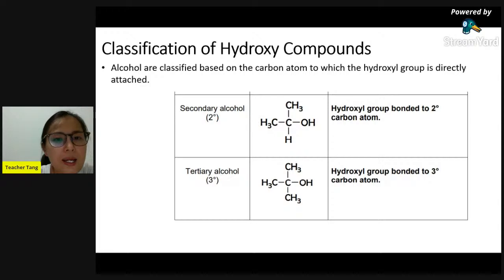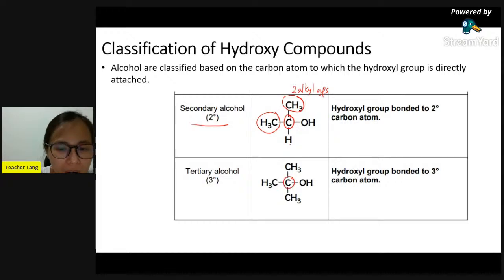And then, this is the reference carbon because it is attached to the hydroxyl group. Can you see that it has one hydrogen? So that means you have two alkyl groups. If attached to two alkyl groups, we get secondary alcohol.